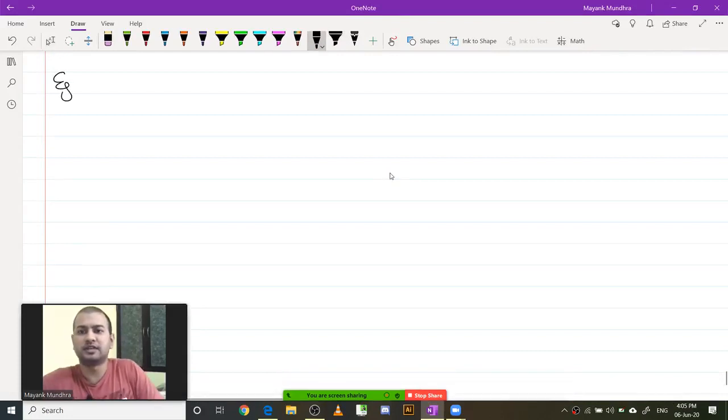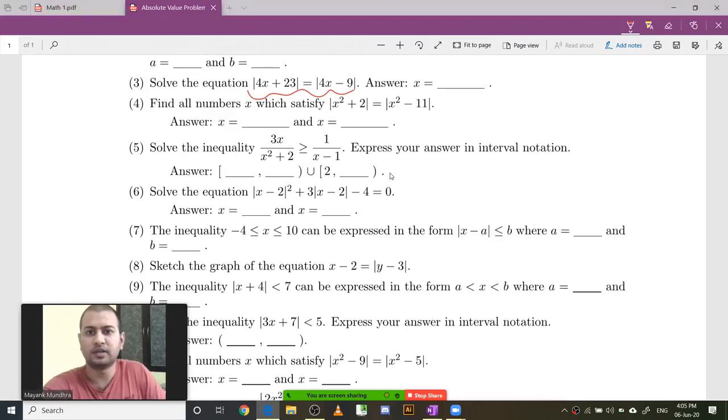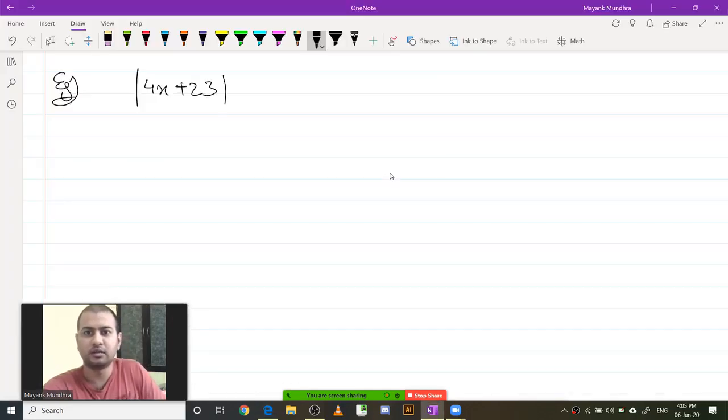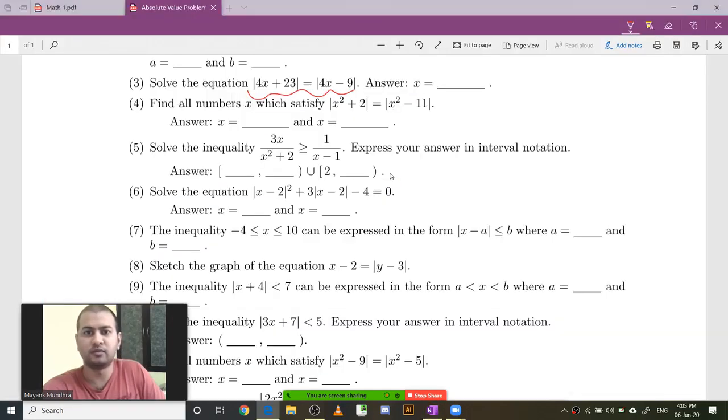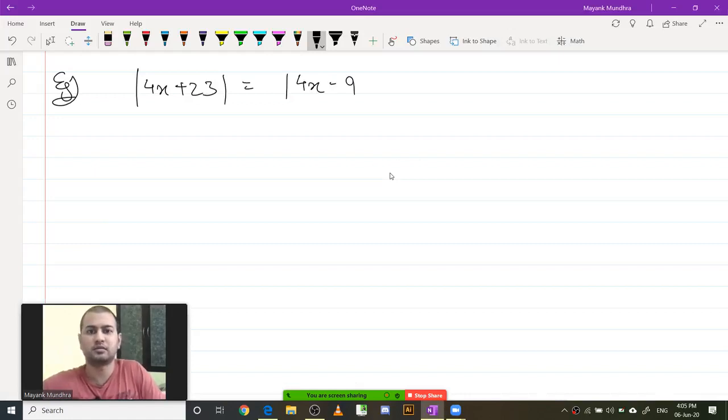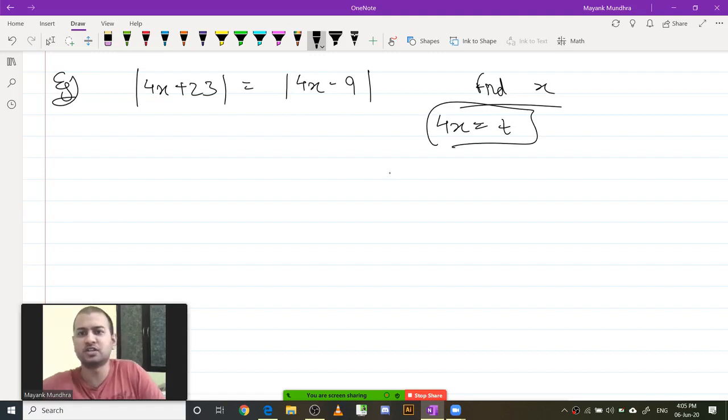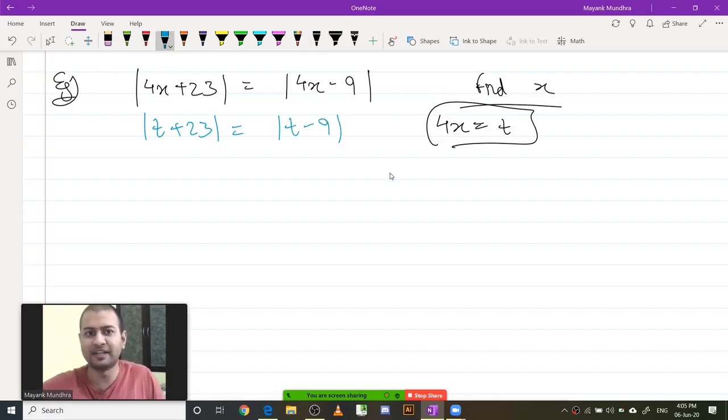First of all, I want to get rid of the 4x, so I'll substitute let 4x equals t. Feel free to use substitutions whenever you feel like. So this becomes mod of t plus 23 is equal to mod of t minus 9. Now it looks a little bit more manageable.